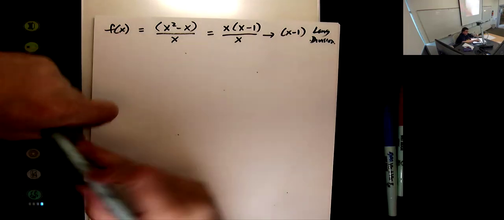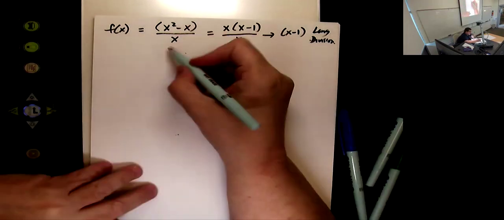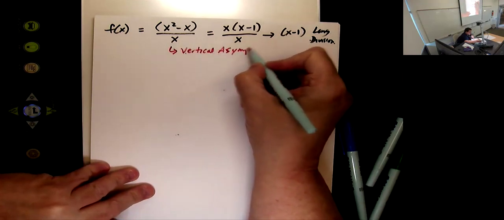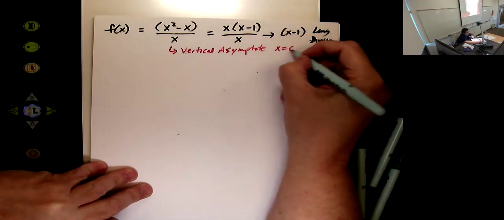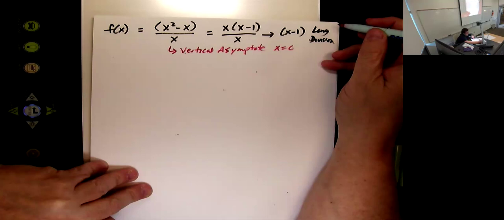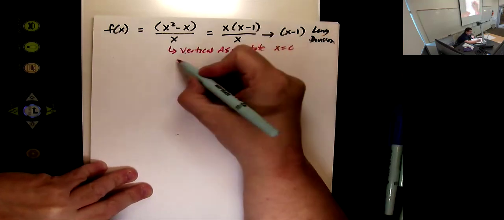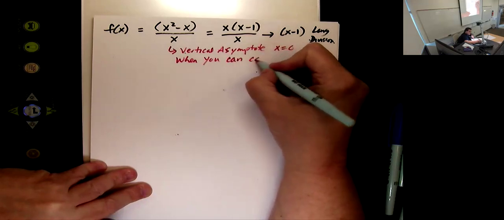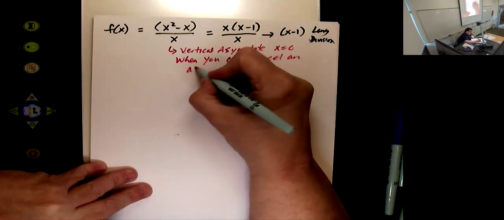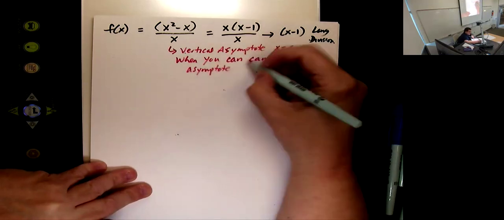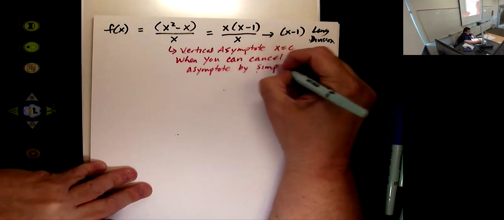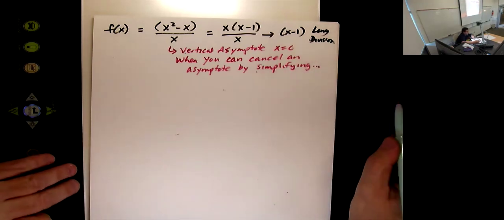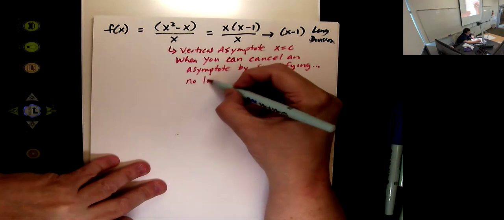But this says vertical asymptote at x equals 0, right? So when you can cancel, when you can cancel by simplifying, it's no longer an asymptote.